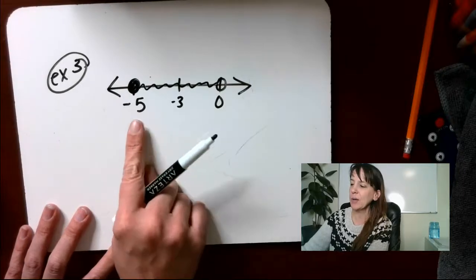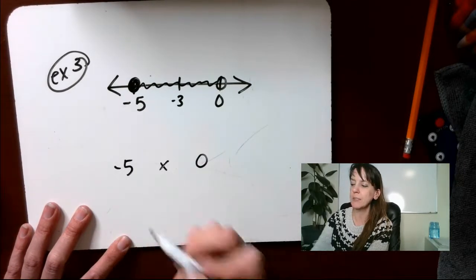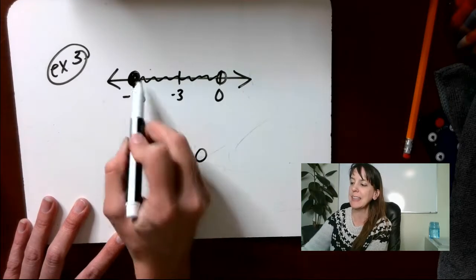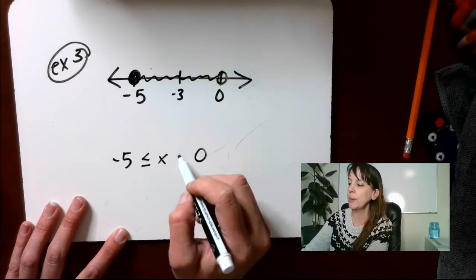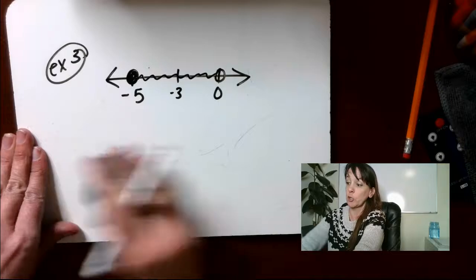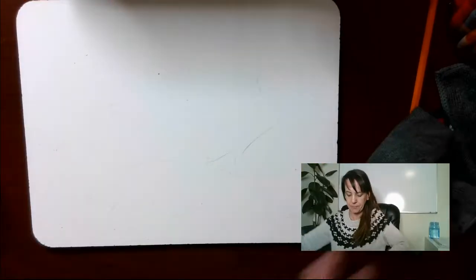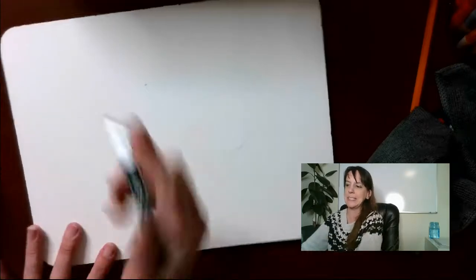What you're saying is, okay, -5 and 0. So -5, 0, throw an x in between here, and then you go less than. This is shaded, so we've got to throw a little equal sign underneath there. This is open, so we're going to go like this, okay? So that's how you would write it in reverse if you were given the graph and you needed to write it. Let's try those practice problems on page 186.